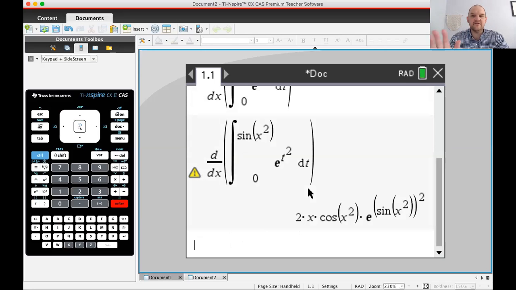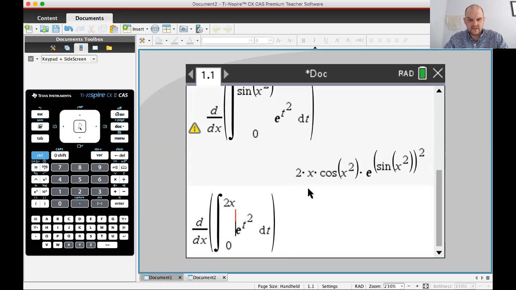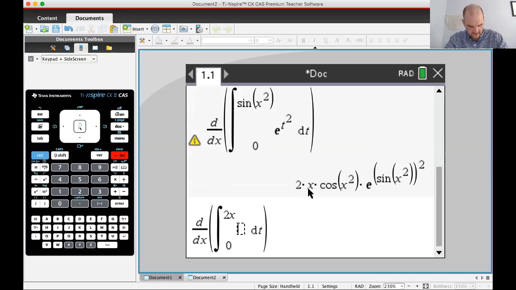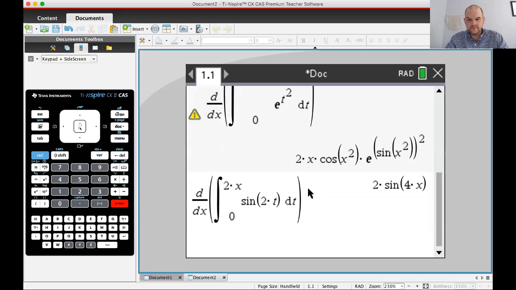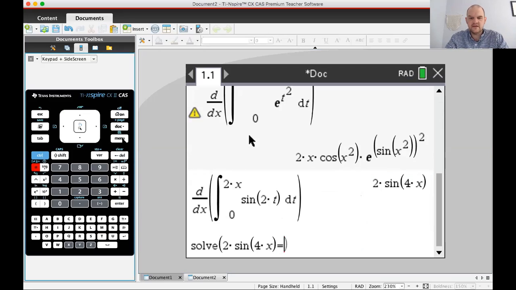Nice. All right, now the next one that we're going to do. We're going to find the derivative of 2x, and then this is not the integrand that we want. The integrand we want is sine of 2t dt. Let's set that equal to 0. Okay, and now let's try to solve. So menu 3, 1. I want to solve this equals 0 for x, but only on a certain interval.